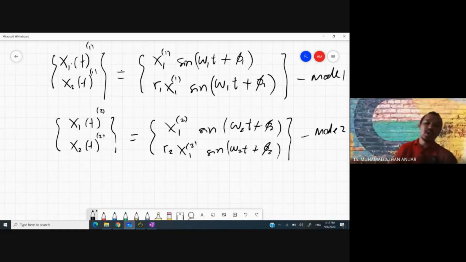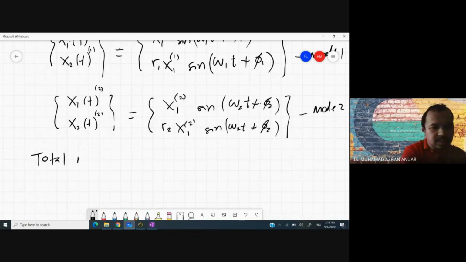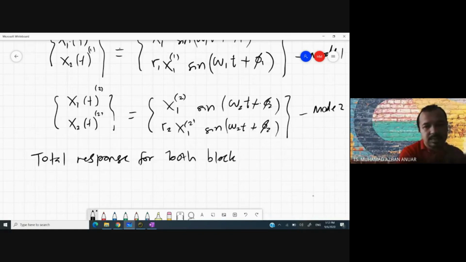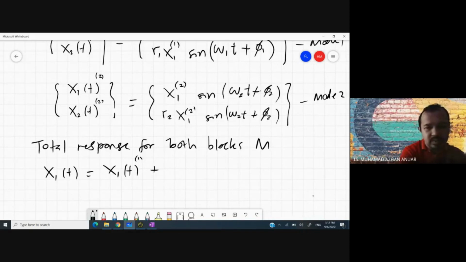Okay, so if we want to know the total response for both blocks, X1 total is equal to X1(t) due to the first mode, or due to the first natural frequency, plus X1(t) due to the second natural frequency.